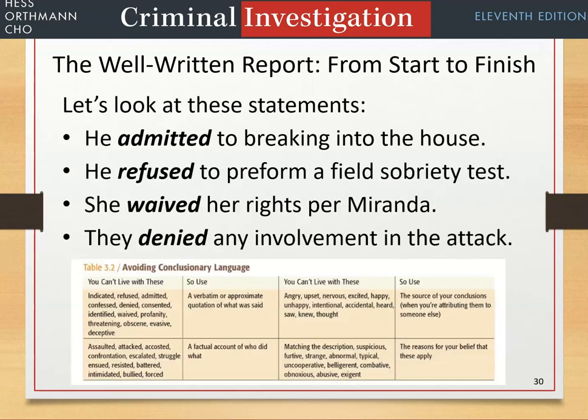So there you go. Let's look at a couple of other statements so you can understand what I mean by this conclusionary language, and then we'll move on. Let's look at the first one. He admitted to breaking into the house. If you wrote that in a report, what would be your question?